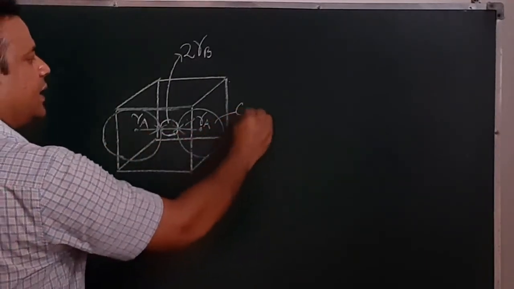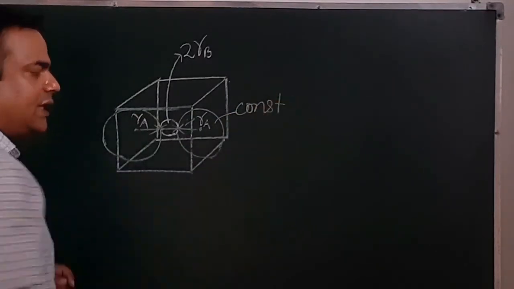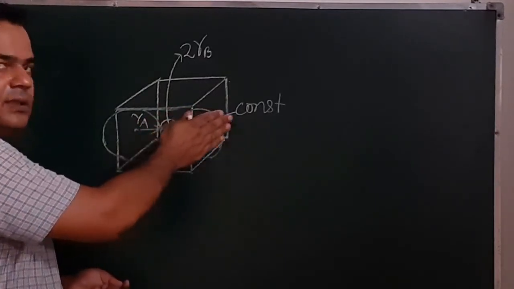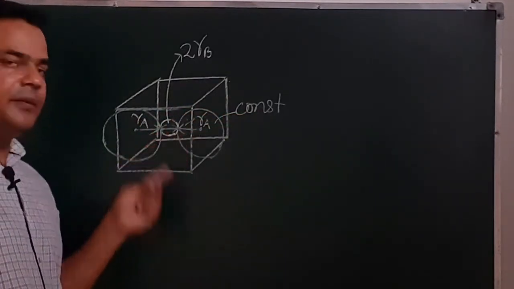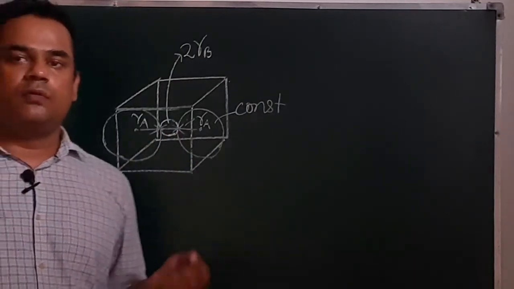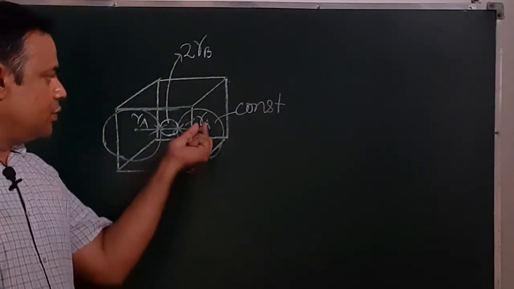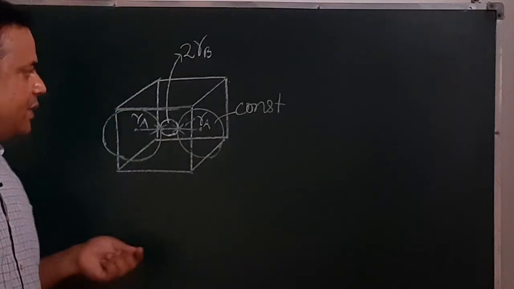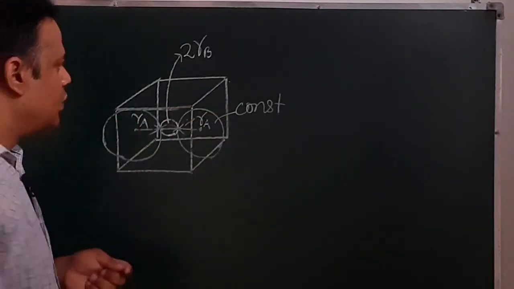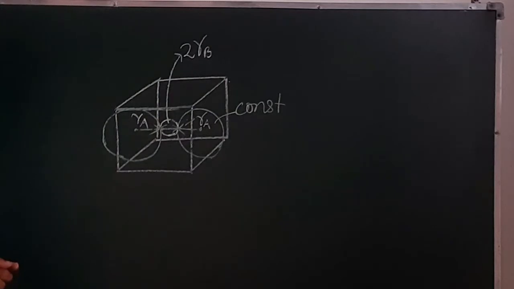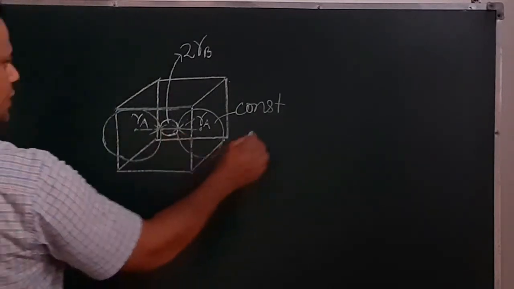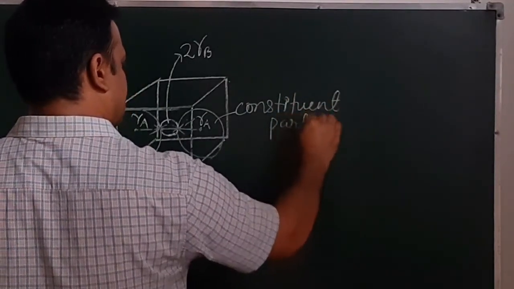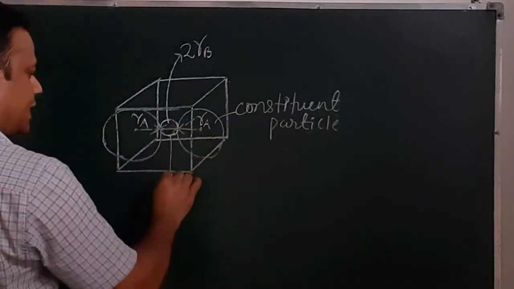This one is the constituent particle in FCC, and we know that when constituent particles are present on the face, half part of the particle remains outside the cell and half part remains inside the cell, because the contribution of a constituent particle inside the cell at a face is 1/2, meaning half the atom will be inside and half the atom will be outside. So from here, this is the constituent particle, and this one is the octahedral void.